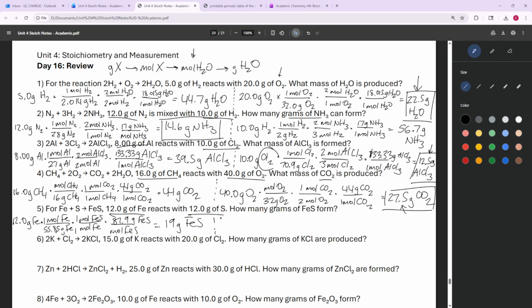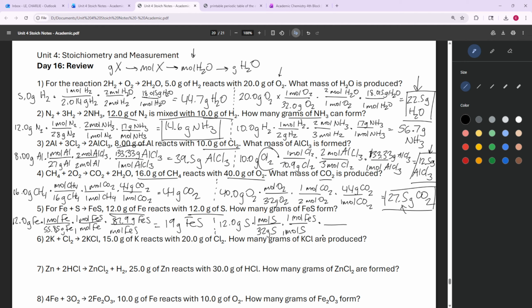And if we compare that to how much sulfur we started with, 12 grams of sulfur times, okay, so we have 32 grams of sulfur for every mole of sulfur. Then for every mole of sulfur, we get 1 mole of iron sulfide.